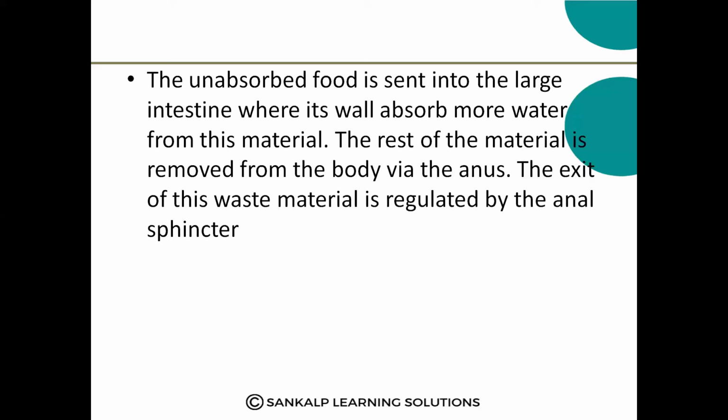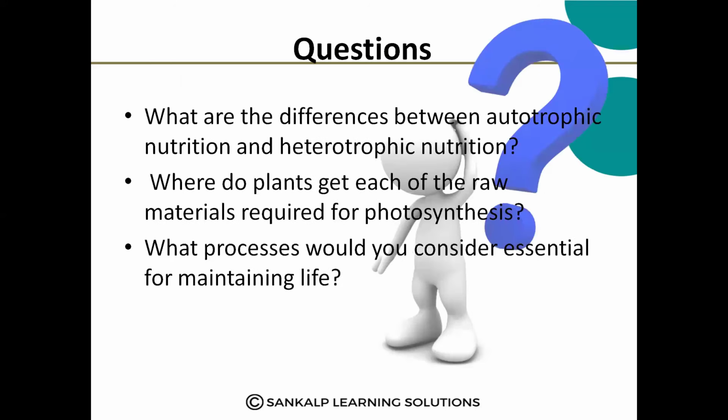There is also a muscle that helps, the anal sphincter, which helps for the removal of the unwanted waste material from the body. So this is how digestion takes place in the human body, and how human beings take the food.